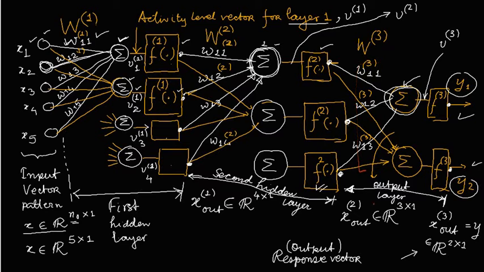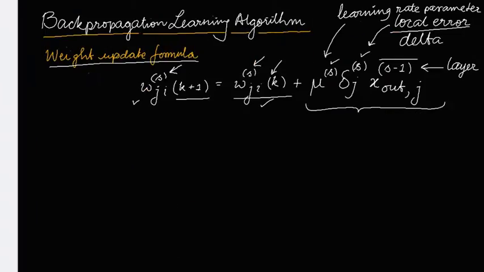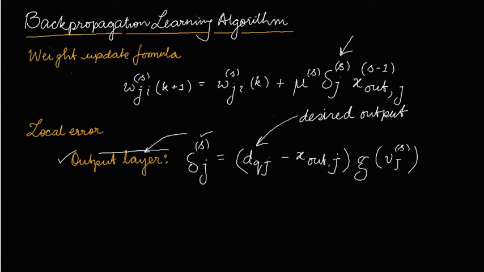Then these outputs, which we call x2 out, will be multiplied with these weights, and then we will get the output here. Then passing through the activation function we will get these y1 and y2, which we also call x3 out. So this x out j is the output of the neural network, and this is the desired value, which we expect from this neural network for a given input pattern.